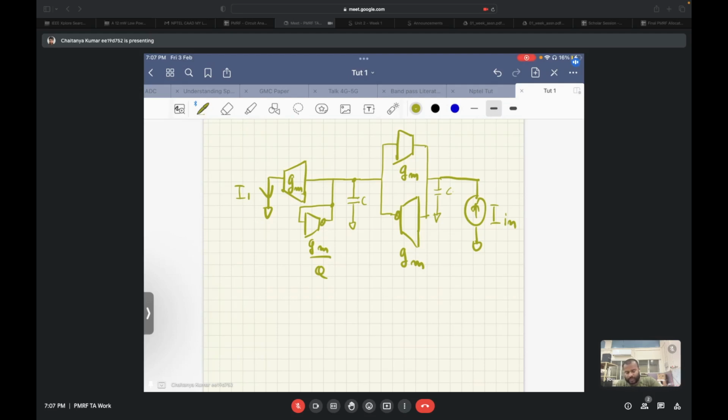For the time being, if this current, let's say, is I1, so the voltage at this node should have been I1 by GM.